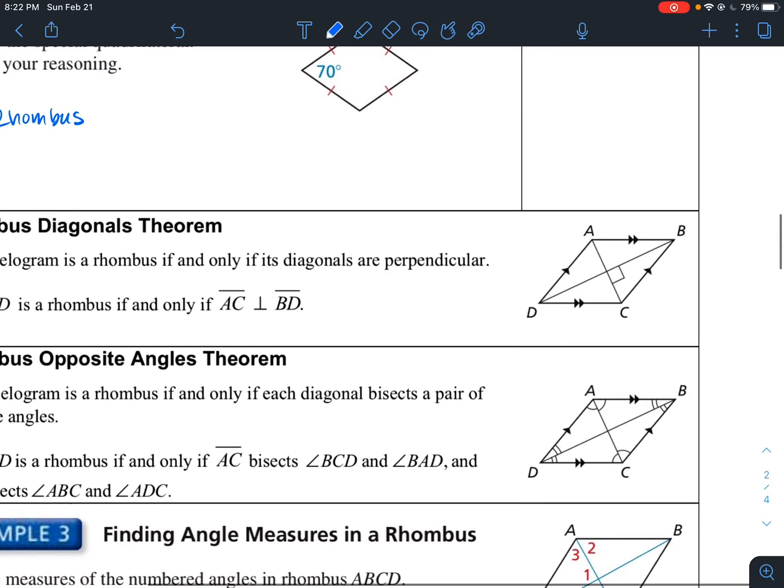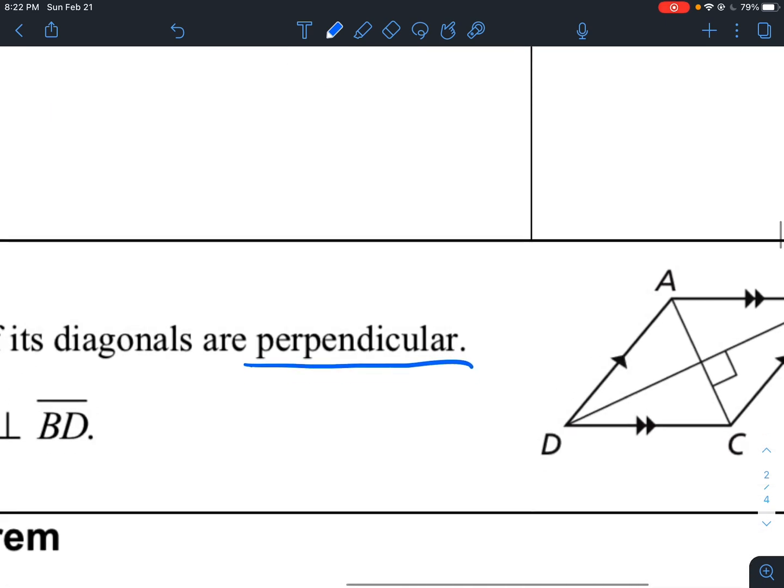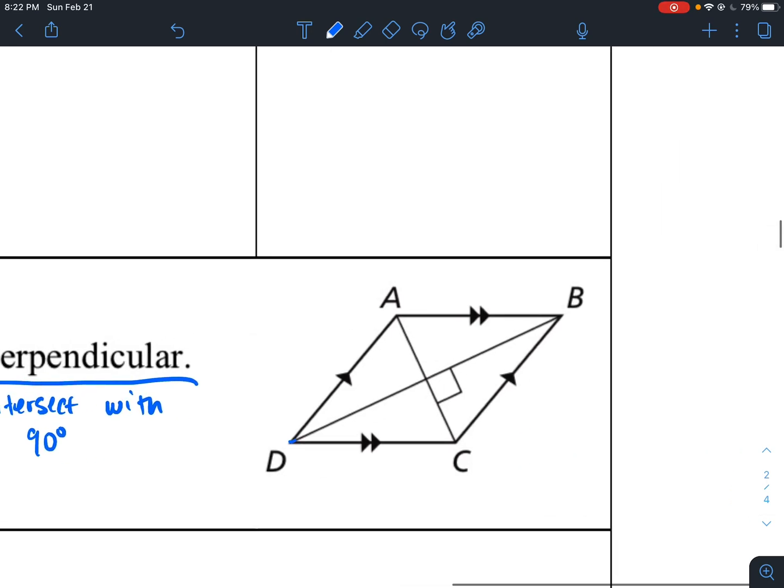So for any rhombus, the diagonals are perpendicular. If they're perpendicular, this means they intersect at 90 degrees. So you can see that here's the diagonal BD, and here's the diagonal AC, and they intersect at 90 degrees. So each angle inside here is 90 degrees.